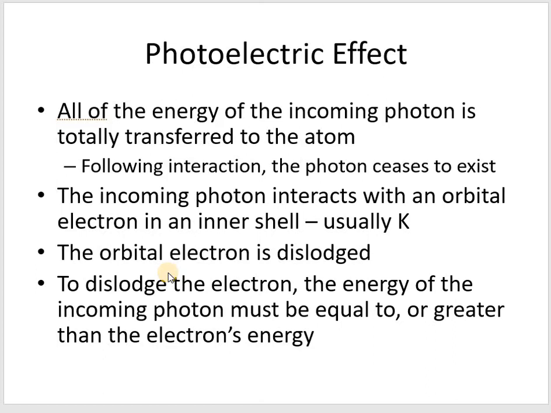The incoming photon interacts with an orbital electron, usually a K shell electron, and the orbital electron is dislodged. The energy of the incoming photon must be equal to the binding energy of the electron, or most likely slightly more, for photoelectric interaction to occur.